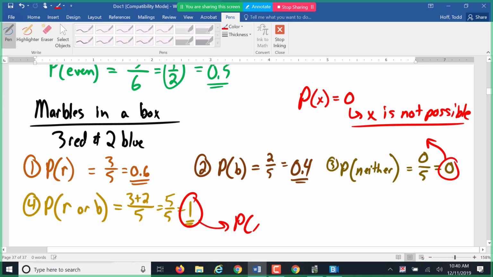If P of X equals 1, that means it will definitely happen. So either it's something that's already occurred, so we know it had to happen, or it just contains all of the possible results, so one of those results has to occur. So it's definitely going to have its conditions met.